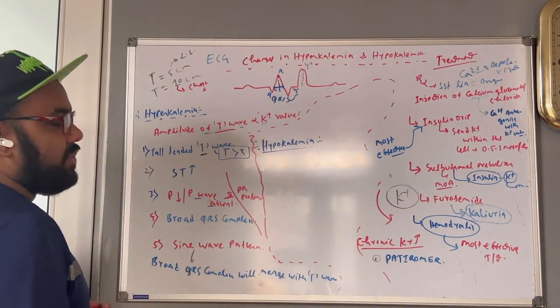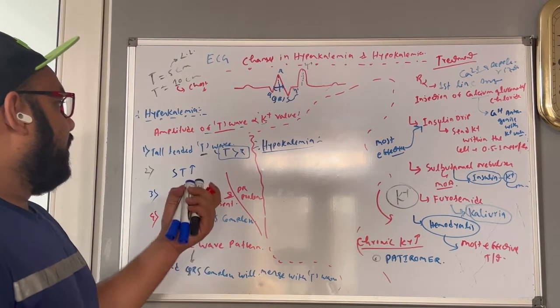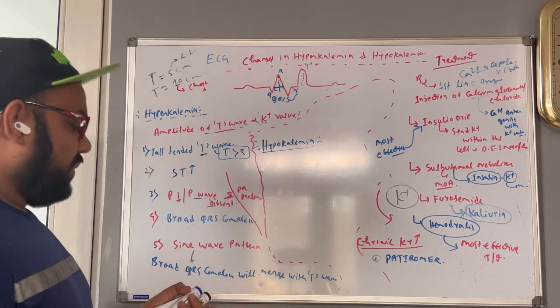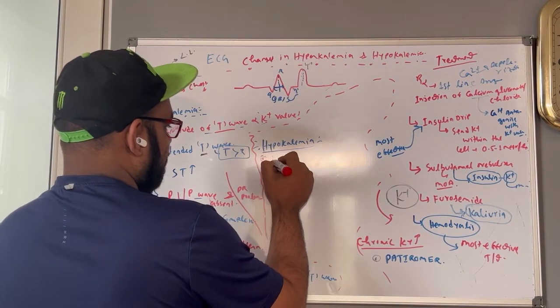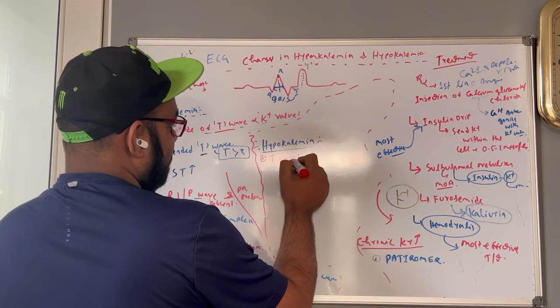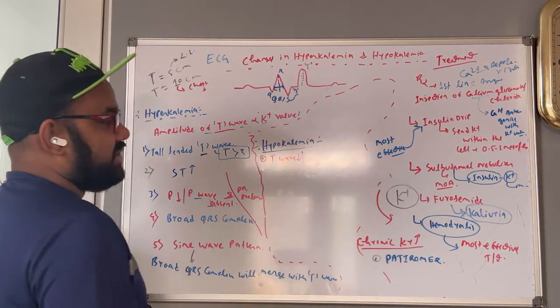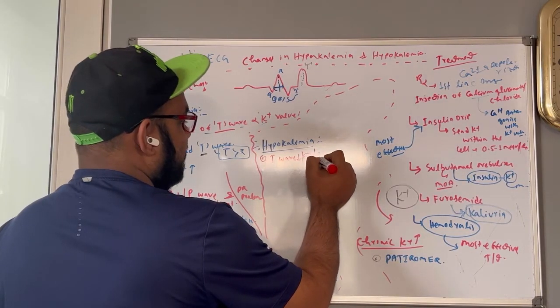Now in terms of hypokalemia, the potassium value will be less, so definitely the vertical length of the T wave will be less also. Sometimes we can get also the absence of the T wave, and sometimes you can get also the inverted T wave.